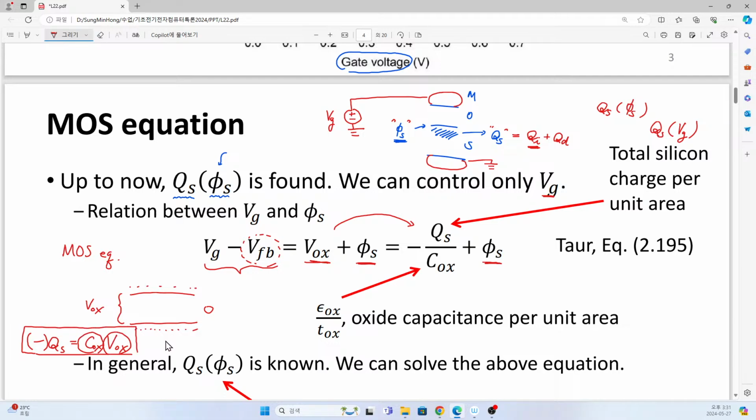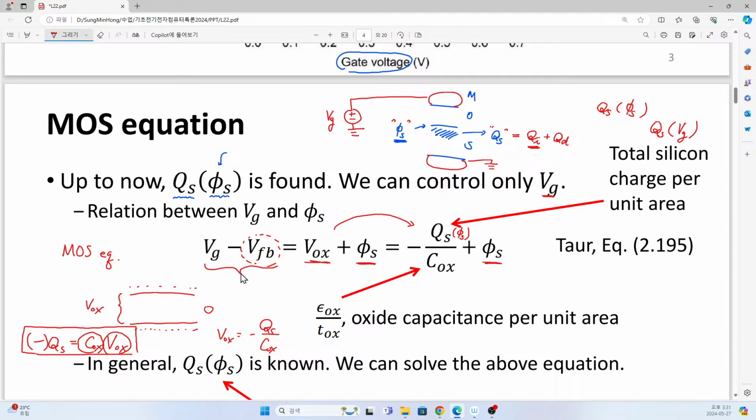Now let's convert it to another form. V ox is simply given by Qs divided by C ox. Please note that this Qs has a functional form dependent on phi s.